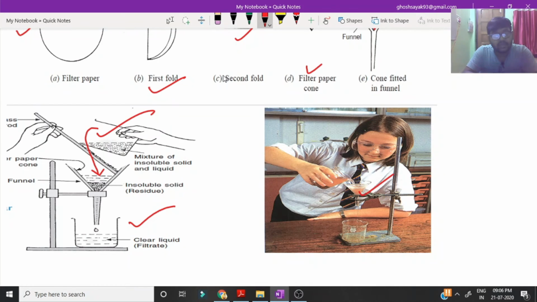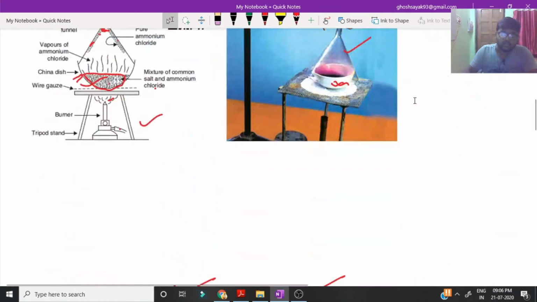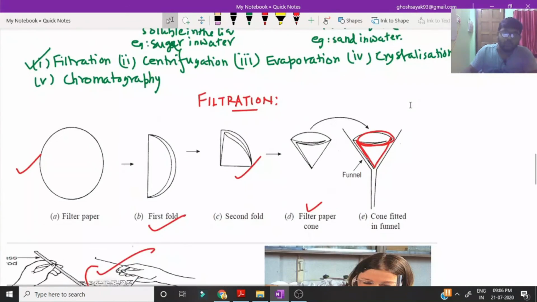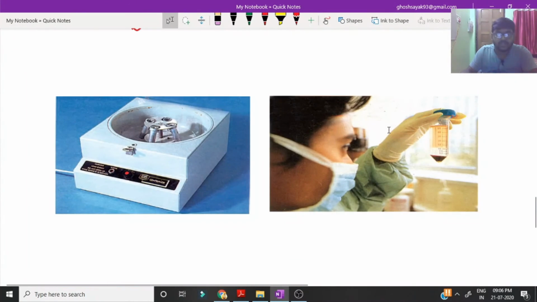Something gets stuck as a residue and something passes through the filter paper, which we call filtrate. The exact same thing we saw during the separation of sand and water sugar mixture, right? This is the way the filter paper works. Very simple technique, a very basic technique.